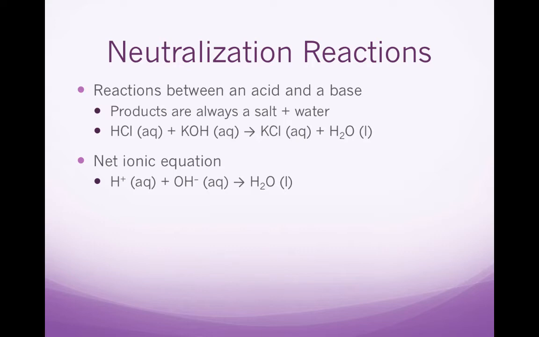But if you had, instead of potassium hydroxide, calcium hydroxide, calcium's 2+, chlorine's Cl-, 1-, so you would make calcium chloride, which is CaCl2, and you'd actually make 2 waters. So just make sure you're watching your charges between your cation and your anion that's making the salt.